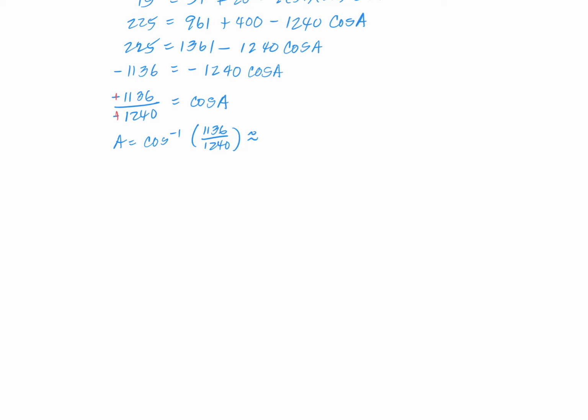Remember, we had an ambiguous case with using law of sines because when you look at the sine function, if you put in a positive value, you're going to get an angle in quadrant 1 and quadrant 2. But cosine is different. Cosine is positive in quadrant 1 and negative in quadrant 2. So if you put in a positive value into cosine, you're only going to get that one value in quadrant 1. If you put in a negative value, you're going to get that one angle in quadrant 2. You're not going to have a choice.